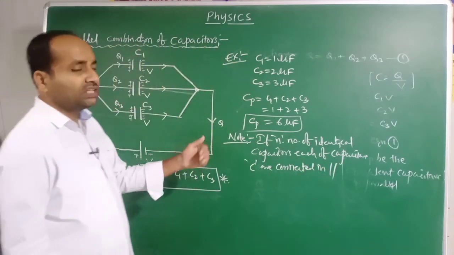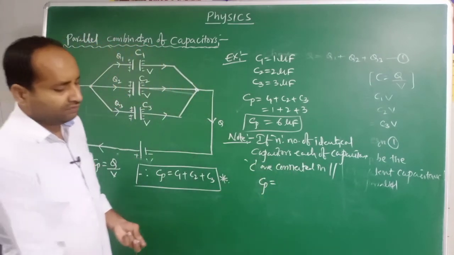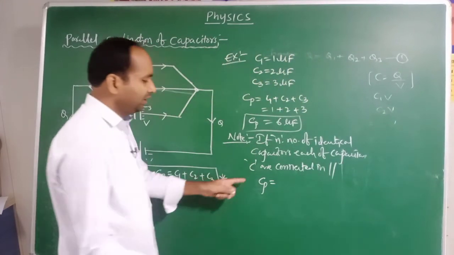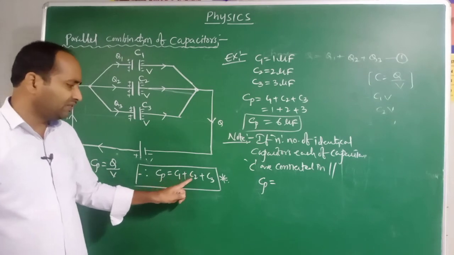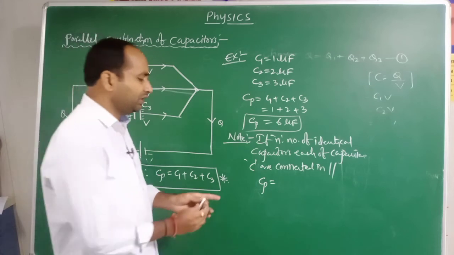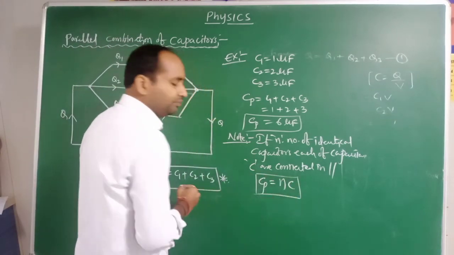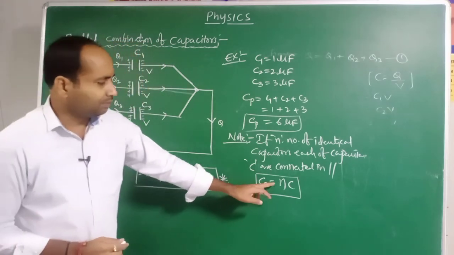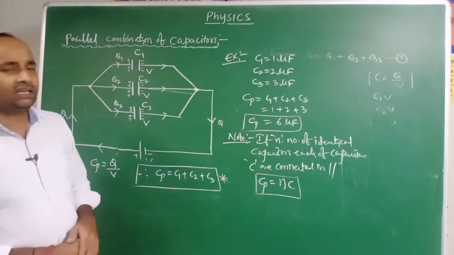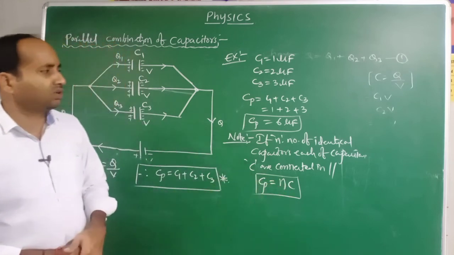Then what is the equivalent capacitance here? When identical capacitors are connected in parallel, CP is equal to C1 plus C2 plus C3 up to n number of terms, C plus C plus C up to n number of terms, that is nC. Which becomes nC. When identical capacitors are connected in parallel combination, CP is equal to nC.